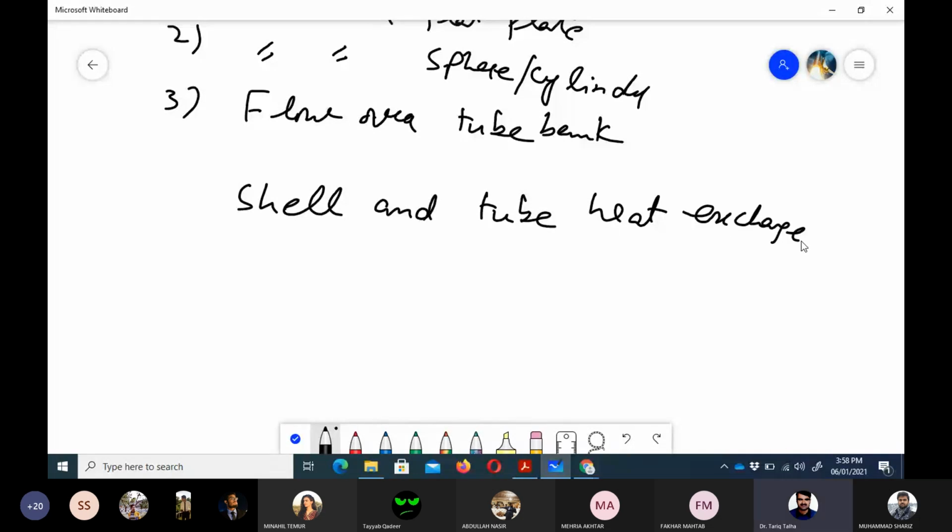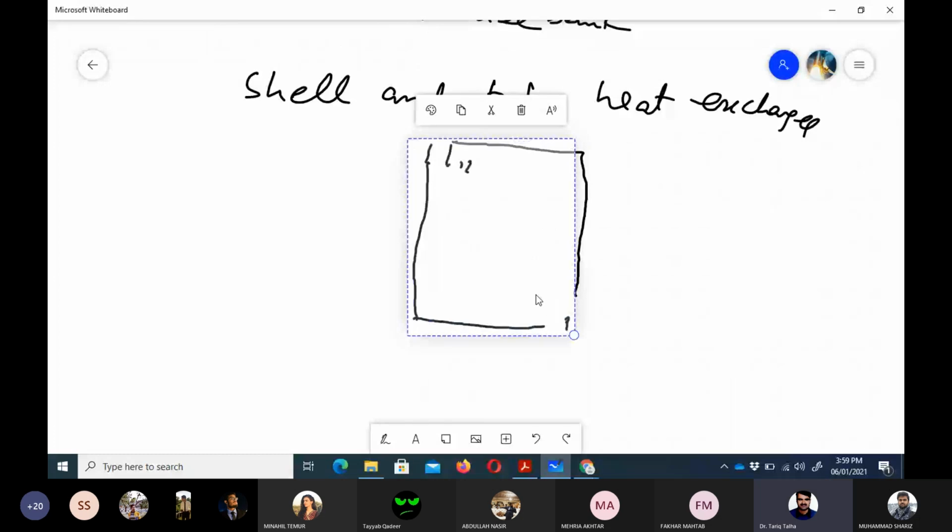In that what happens is that we have got a shell, and here we have got like this. So here one fluid, sorry.